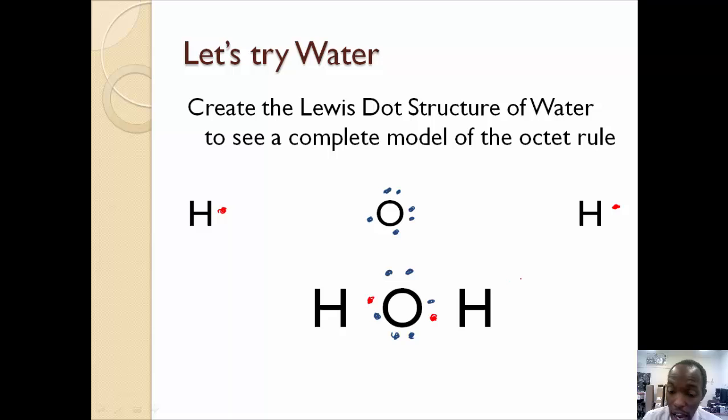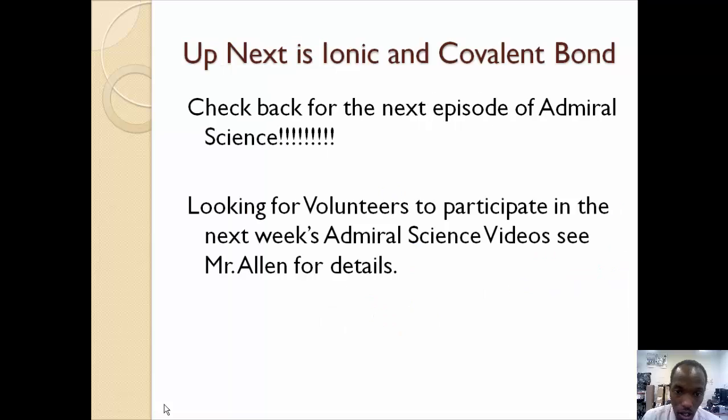And remember that hydrogen completes itself when it has 2 electrons. Alright. Alright, and that was the Lewis dot structures and valence electrons.